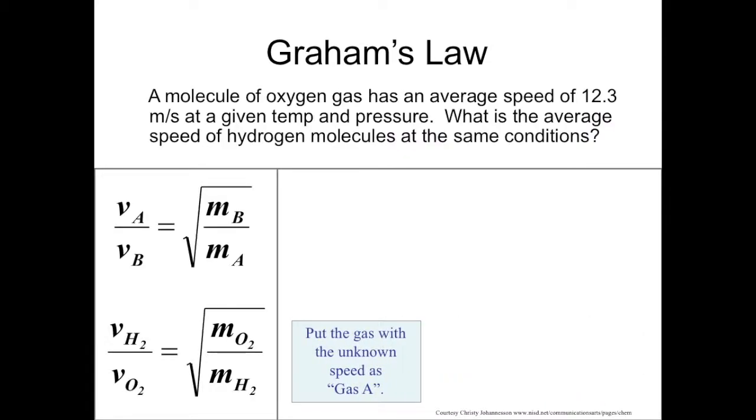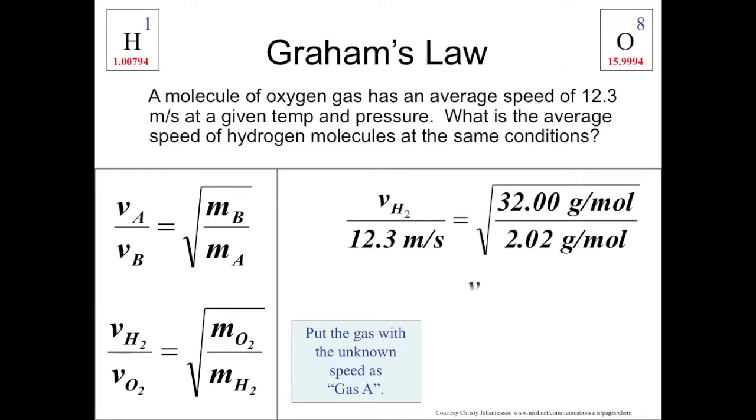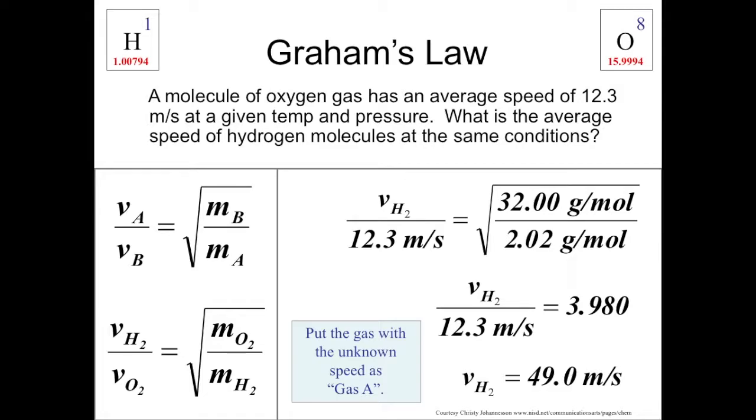How about if we compare hydrogen and oxygen? We all know that hydrogen will diffuse faster than oxygen. The hydrogen's velocity is 49 meters per second, while for oxygen we have 12.3 meters per second.